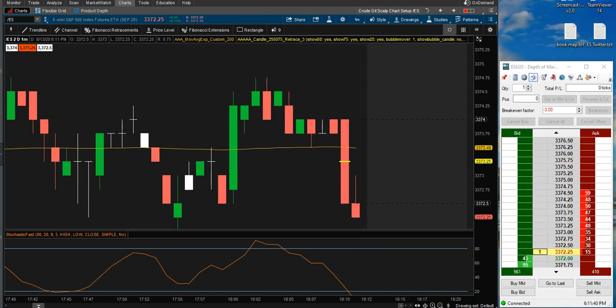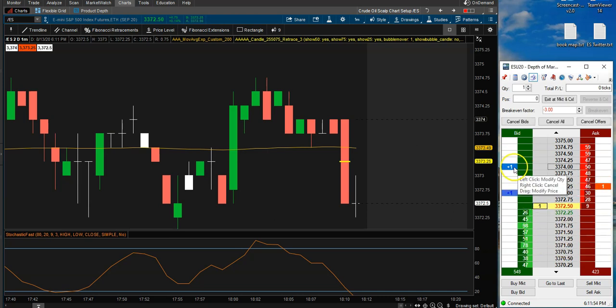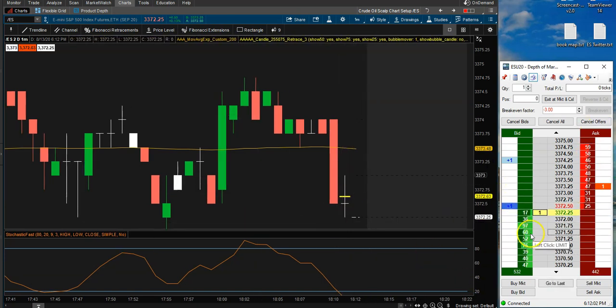And I know exactly just by looking here, hey, that level is 73.25 and the high is 74. So I could come over here into my order entry, go 73.25. I know my stop is one tick above the previous candle's high, and maybe I'm going to look for a couple ticks, right? So now we have a new candle.